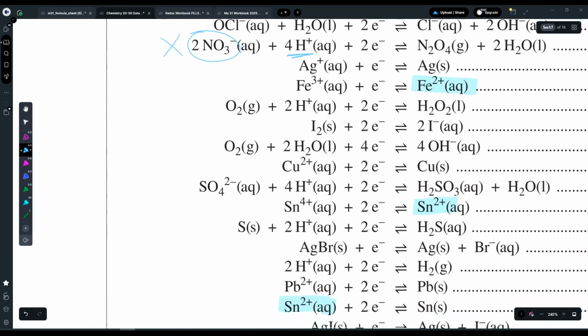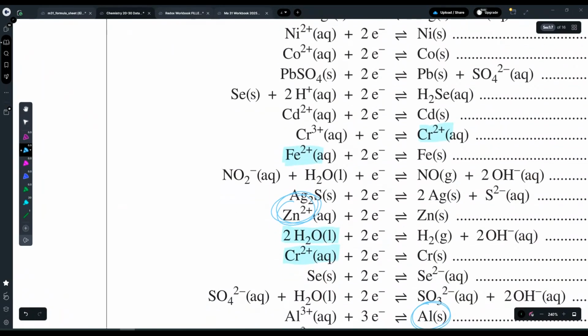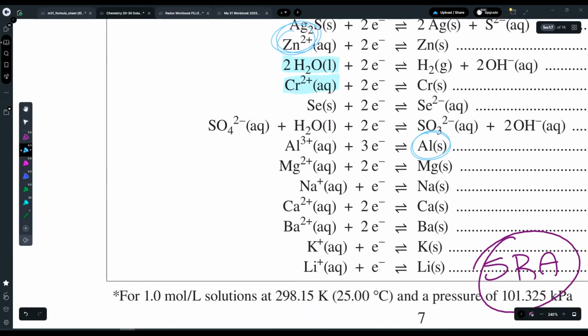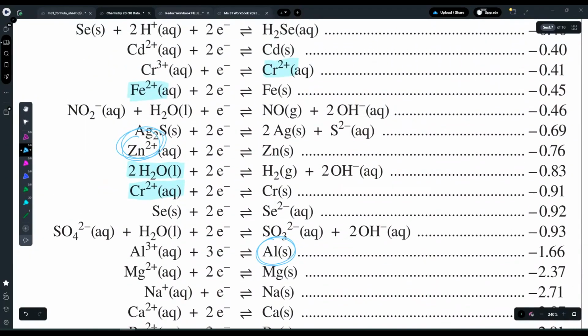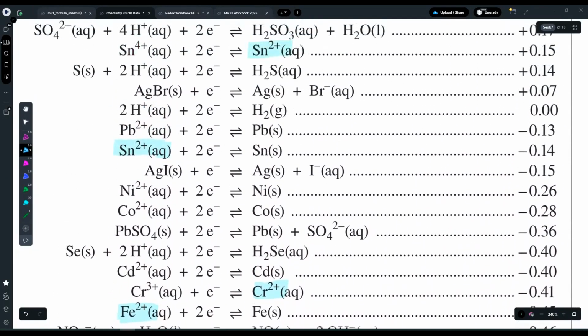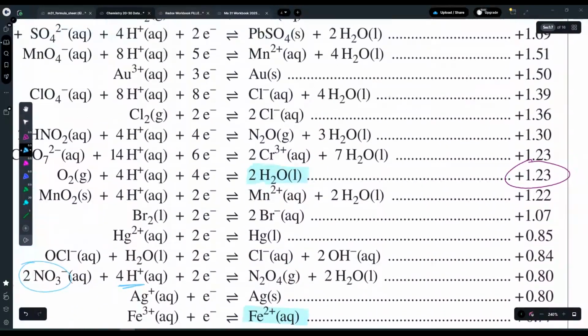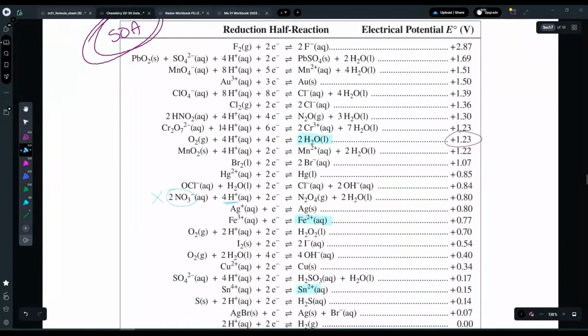So let's look to see if we have nitrate lower down. Okay, so we have NO2, but that's not the same thing as NO3 1-. Looks like it's not on the left-hand side. Let's skim through the right-hand side, starting at the bottom and going up. Okay, so I'm not finding nitrate in my data table.